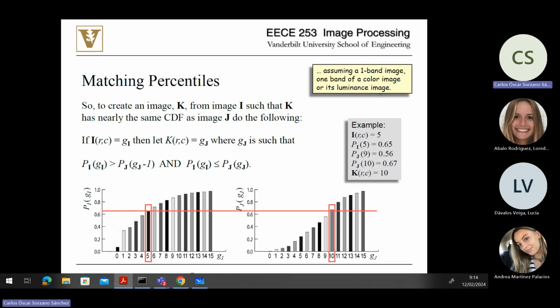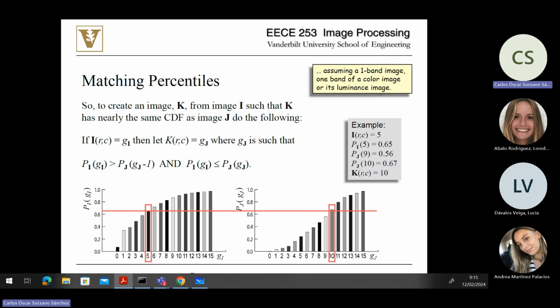I have the CDF of I, and the CDF of my reference. And I have to make the following transformation. Because these are CDFs, they go from 0 to 1. And just for simplicity, we have taken here just 15 values. Our images are 4 bits, so they go from 0 to 15.